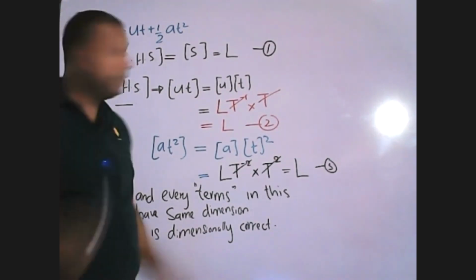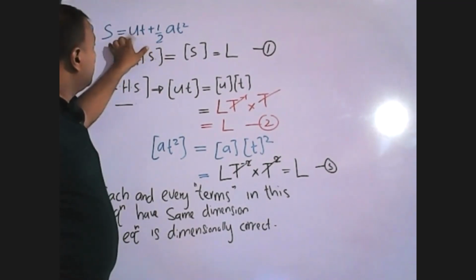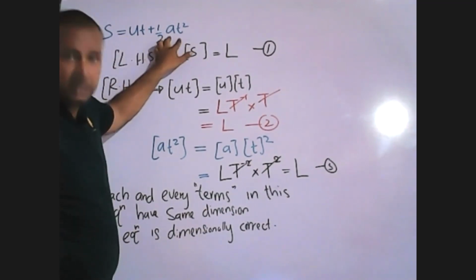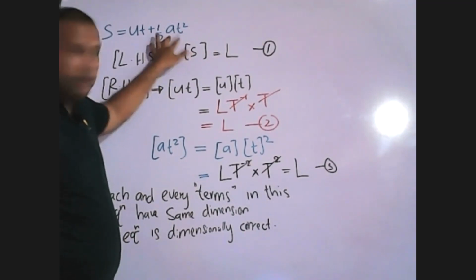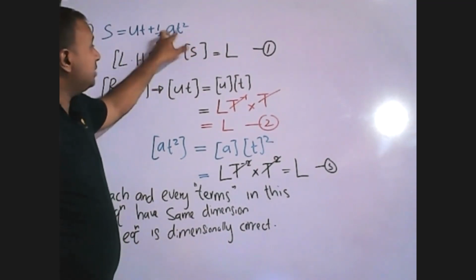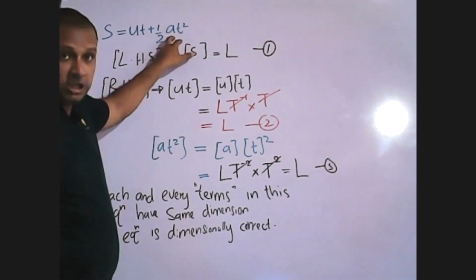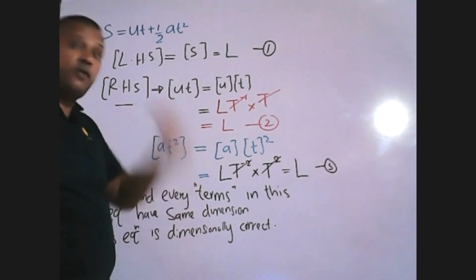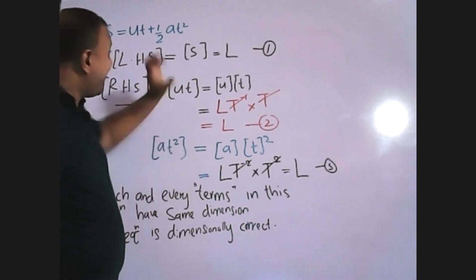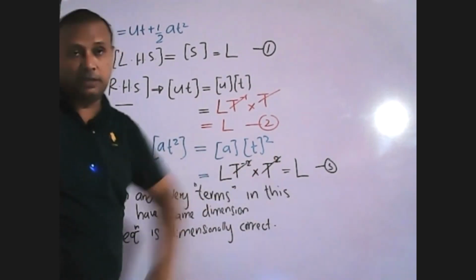Suppose something like this. If we are given UT here, but AT here, not AT square. If it is not AT square, then the dimension of this term is not equal to the dimension of the other terms.